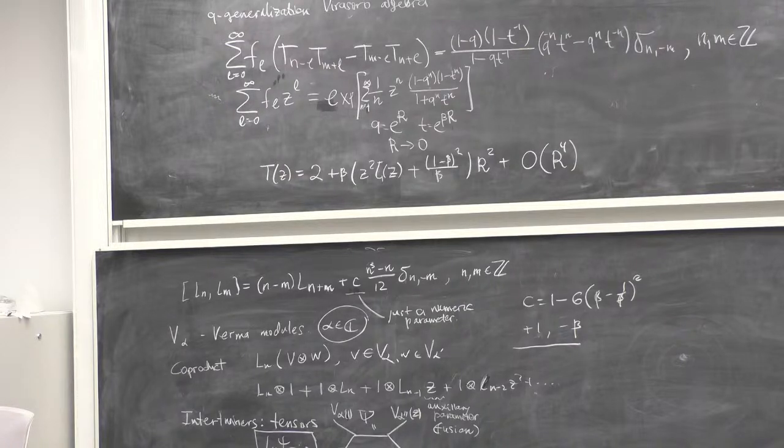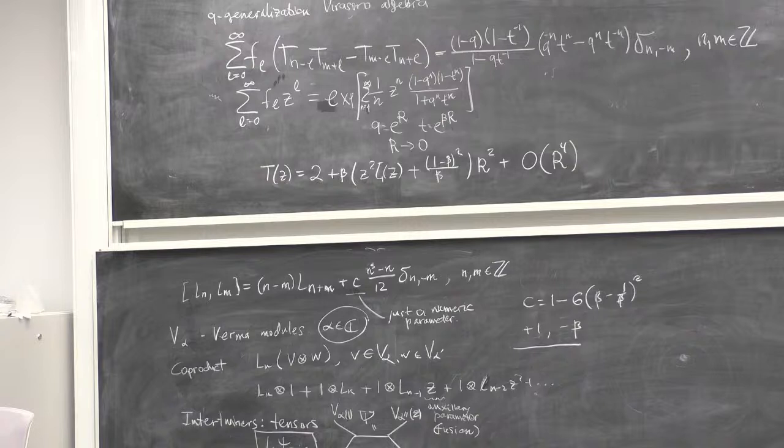So you take the limit of the commutator and divide it by r squared, right? As I understand, that's not a simple representation. From this representation of T, you just get Feigin-Fuchs.